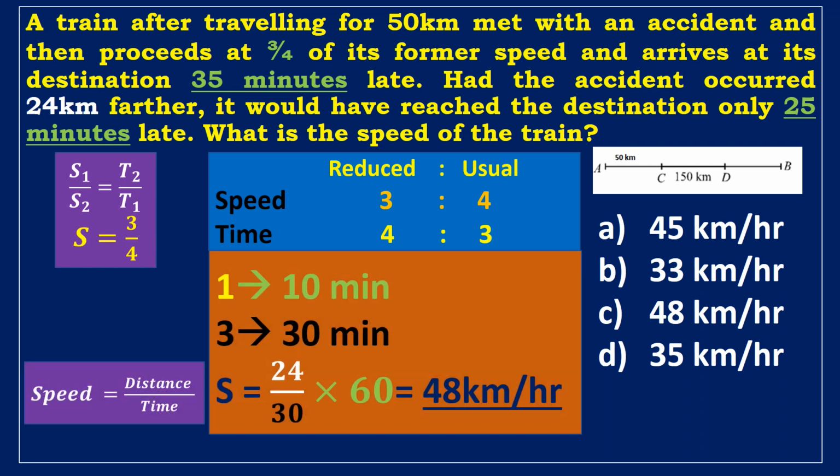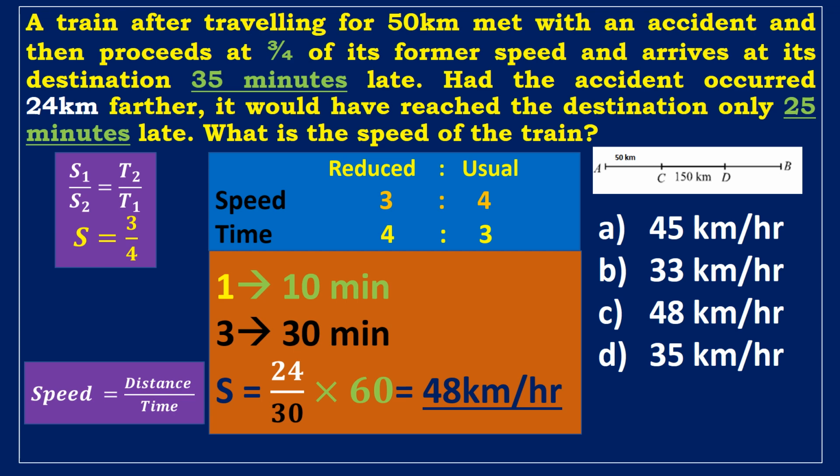The difference between 35 minutes and 25 minutes is the actual time required to travel the distance, which is 10 minutes. As a result, 1 denotes 10 minutes. We must first calculate the usual time of 3, which represents 30 minutes. Substitute 24 kilometers and 30 minutes into the speed, distance and time formula. The train's original speed was 48 kilometers per hour.